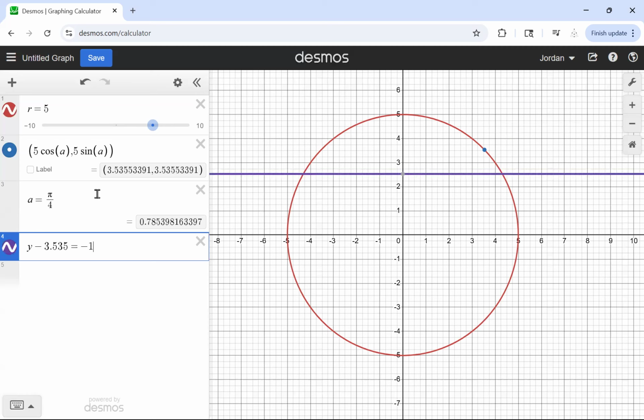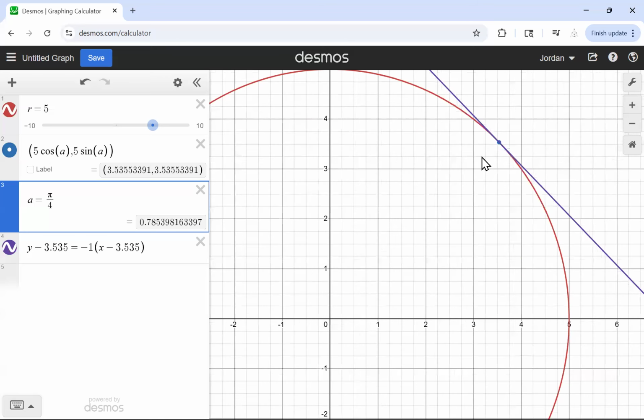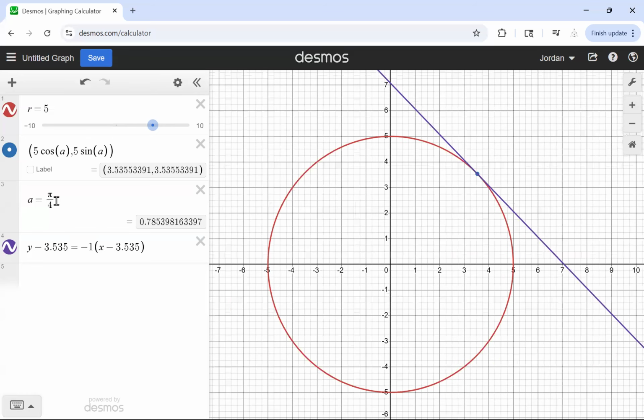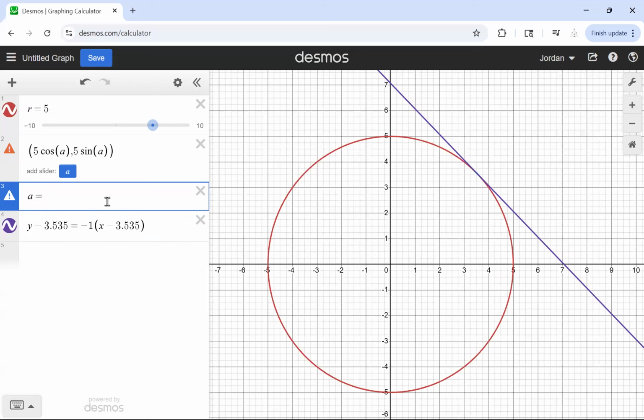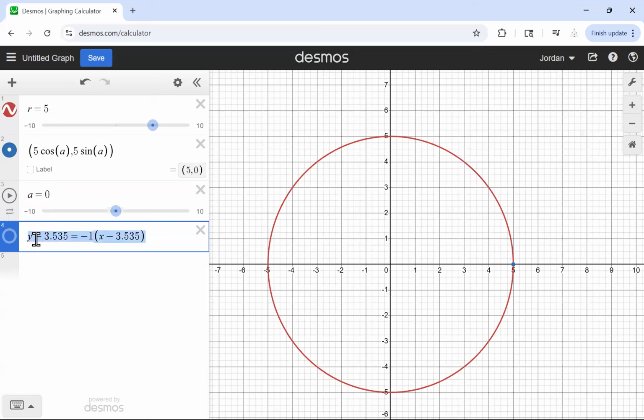So if we figure out the slope, again, negative 1, if I actually found that line, it'd be something like that. Oh, I'm not on the circle. There we go. Again, that's the tangent line. And as I move that around, if my angle theta were 0, I'd be here at the point (5, 0), and obviously the slope of that tangent line is infinite.